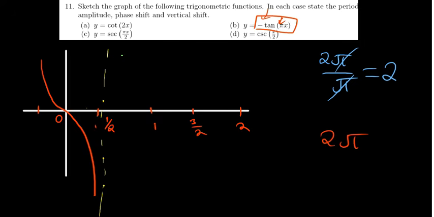Of course we know that within a value of 1, we're supposed to have that full kind of graph. So the other asymptote will occur at 3 over 2.